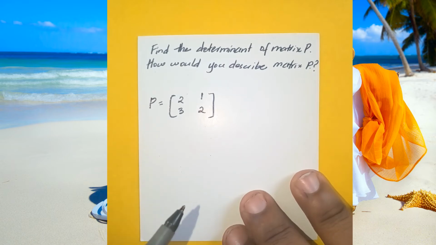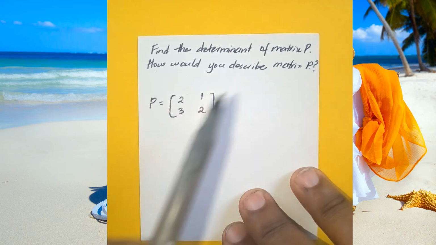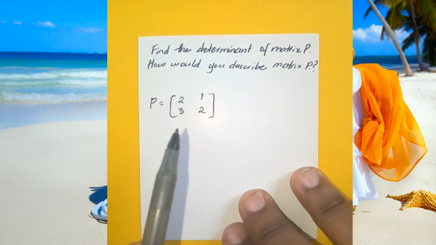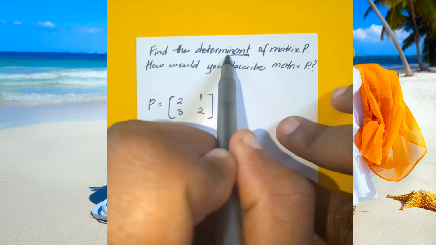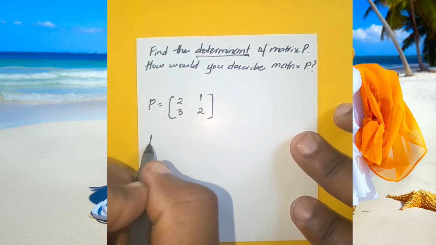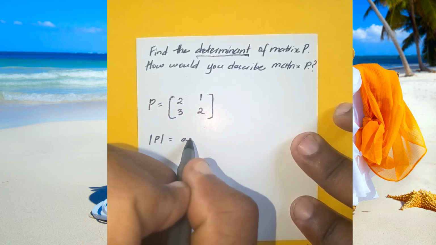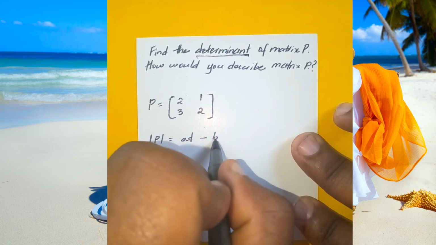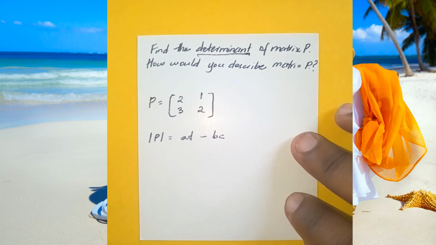Let's run another example. It says find the determinant of matrix P, and how would you describe matrix P? And here is matrix P. So it asks me to find the determinant. So that means I need the determinant formula. So the determinant of P is equal to A times D subtract B times C. And that means I need to label my ABCD values.